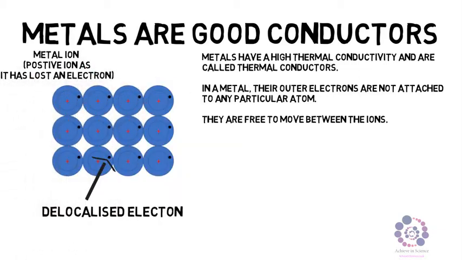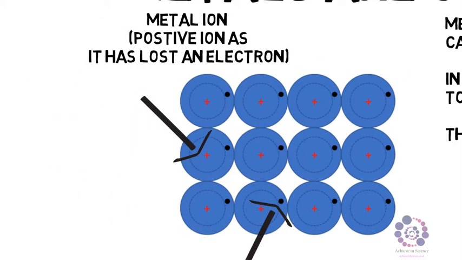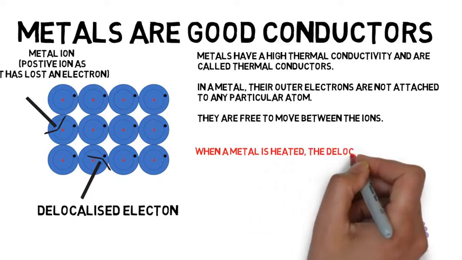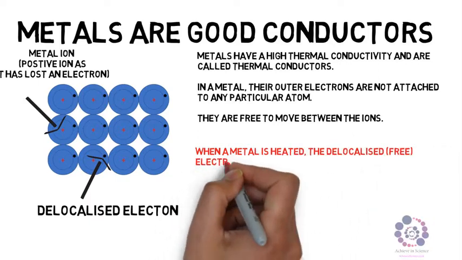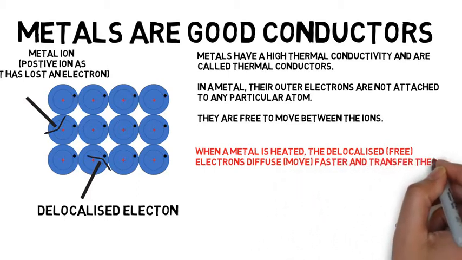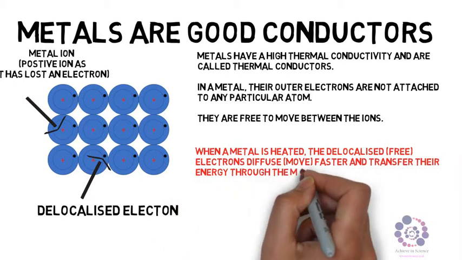Therefore, when a metal is heated, these delocalized free electrons are able to diffuse, i.e. move, faster and therefore transfer their energy through the metal via collisions with other free electrons and ions.